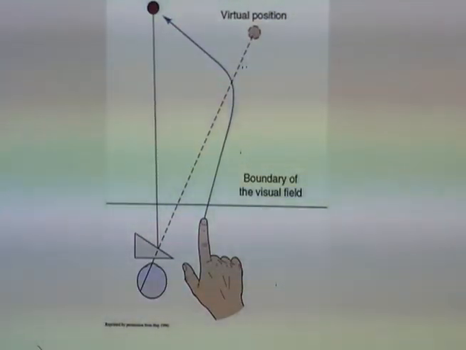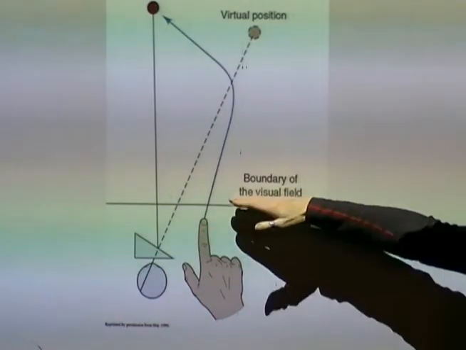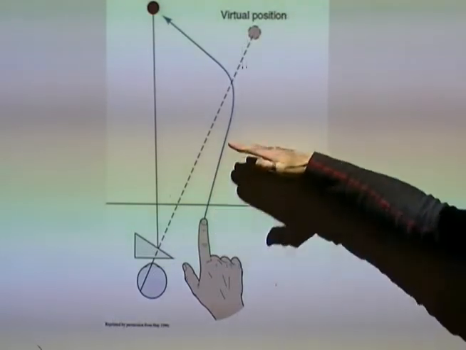So in this experiment, what they did was put some mirrors in. So here's the target that the individual was told to reach for. But they put some mirrors in and they blocked off the initial part of the movement. Right? So I couldn't see my hand until the other side of this line.